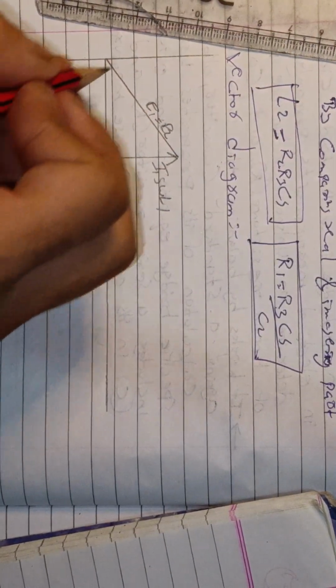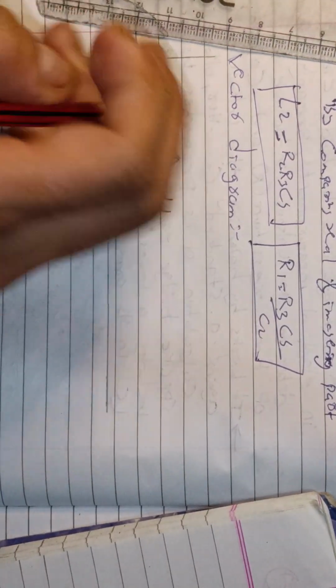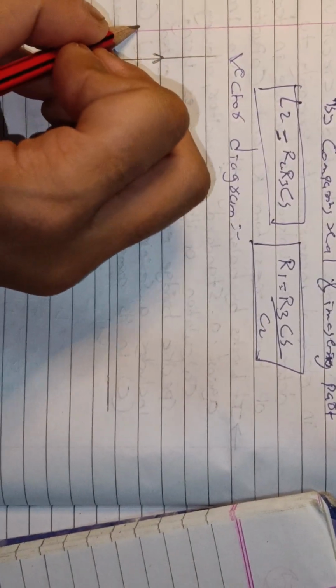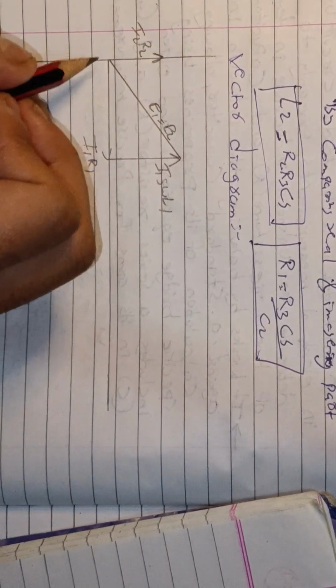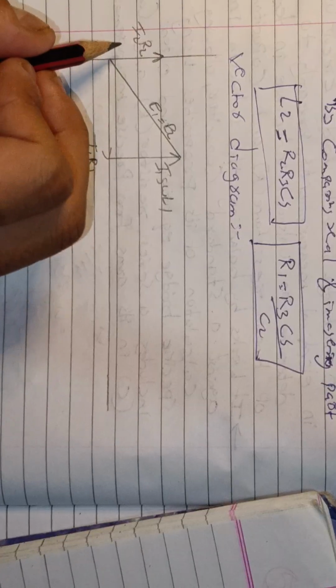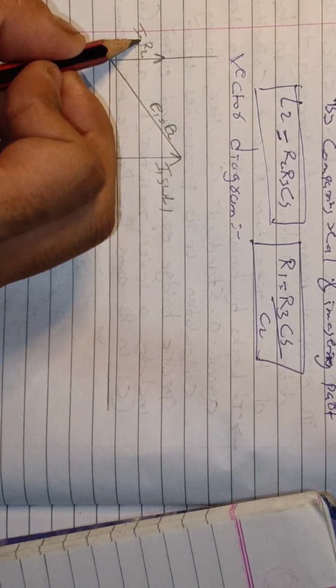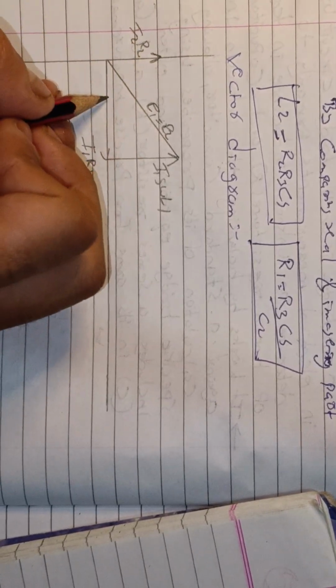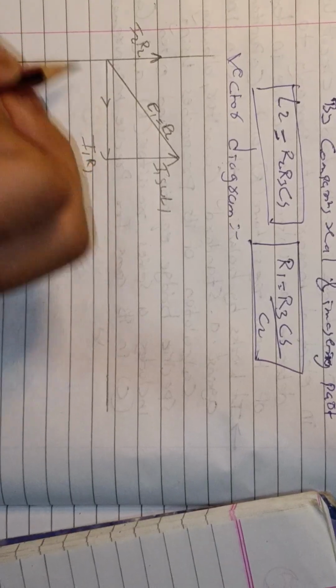On the other hand, I2 R2 drop will be on the x-axis. The resistance is in series with the capacitor, and because of capacitance it is 90 degrees lagging.